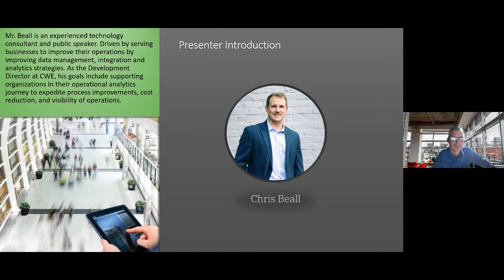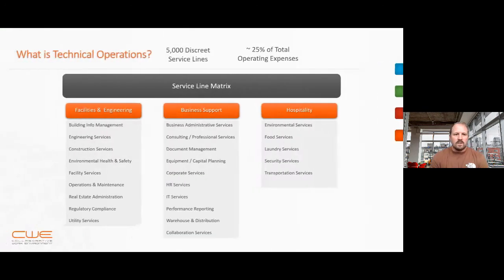Yeah, thanks for the introduction, Mark. So starting with what is technical operations, I know most of you here probably have a variety of different roles that sit underneath this classification. So I wanted to just level set and look exactly at what we mean as we talk about technical ops.